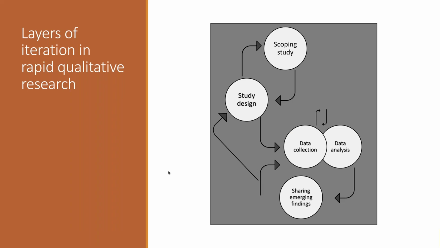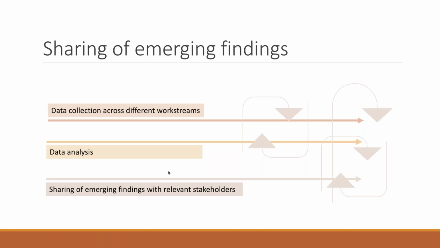So we've kind of covered this iterative data collection and analysis, and we've touched slightly on sharing of emerging findings, but I wanted to come back to this stage of sharing findings and dissemination, and really looking at it as a stage that accompanies a rapid qualitative study from the very beginning, right?